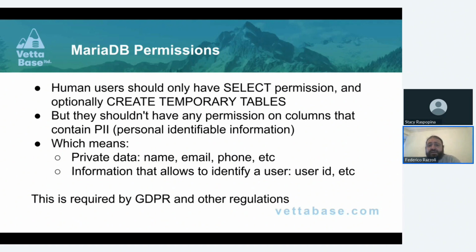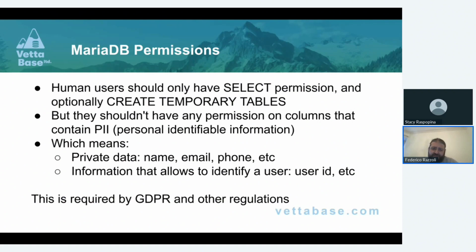But they shouldn't have any permissions on columns that contain personally identifiable information. Personally identifiable information is not just private data. Of course, it's also private data like a person's email or name or phone or other stuff.